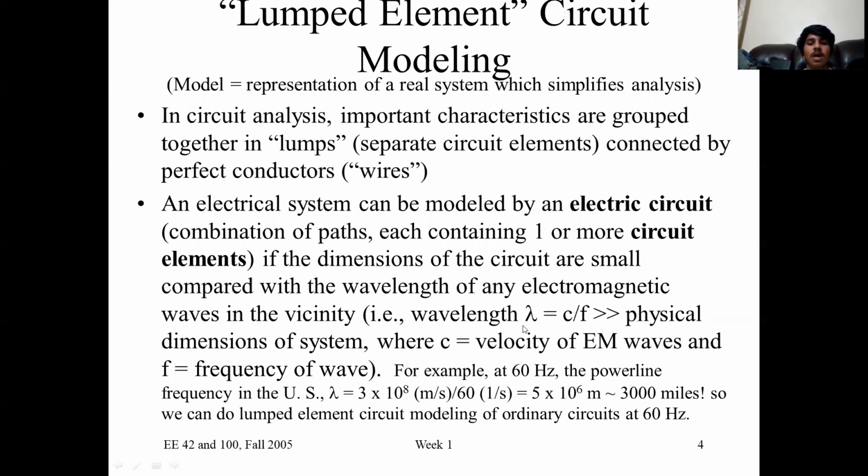For example, at 60 Hz, the power line frequency in the US, lambda equals 3 times 10 to the power 8 meters per second divided by 60 per second, equal to 5 times 10 to the power 6 meters, that is equal to 3000 miles. So we can do lumped element circuit modeling of an ordinary circuit at 60 Hz.